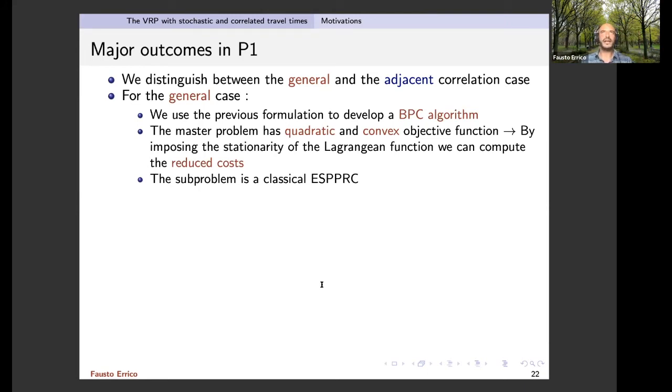Because it's convex, duality still holds, so we impose stationarity of the Lagrangian and compute the reduced cost. The subproblem is a classical elementary resource constrained shortest path problem.